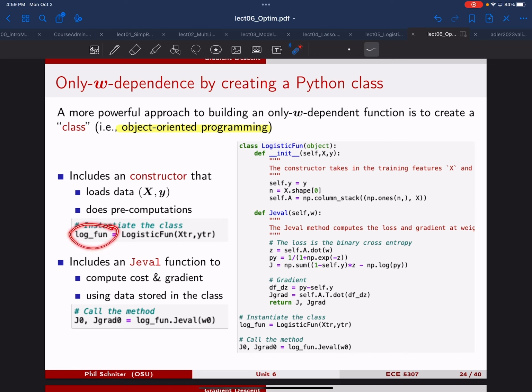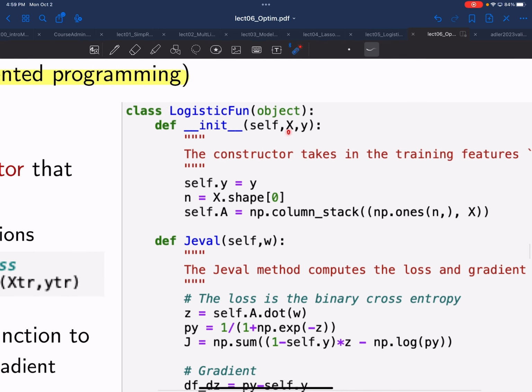It's going to run this piece of code, which, as you can see, takes in x and y, and it stores y as an internal variable. So when you see self.y, that means it's remembering y, and it is now loaded within this class, so you can access it through any other function in the class.